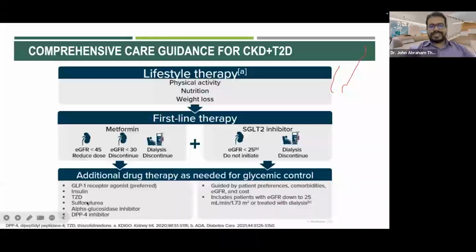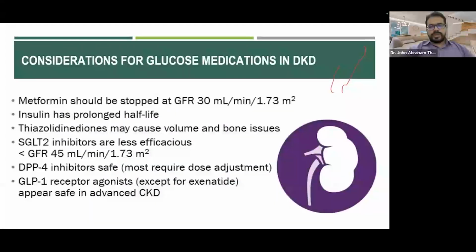GLP-1RA, insulin, thiazolidinedione, sulfonylurea, alpha-glucosidase inhibitor, DPP-4 inhibitor, which is guided by patient preference, comorbidities, eGFR, and cost. So the considerations for glucose medications in CKD: metformin, if the eGFR is less than 30, you need to stop. Insulin has a prolonged half-life. Thiazolidinediones may cause volume and bone issues.